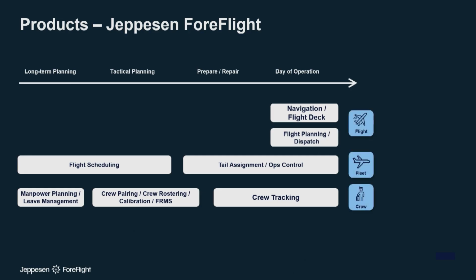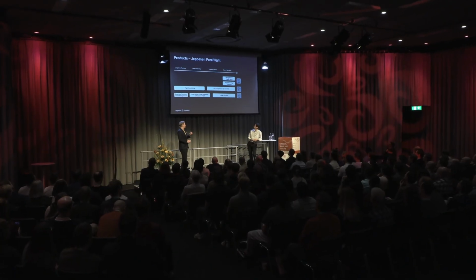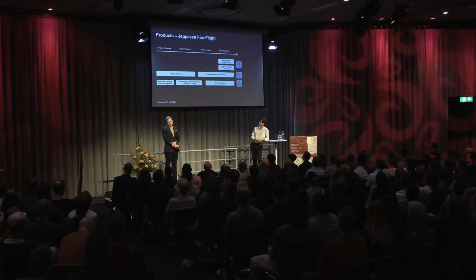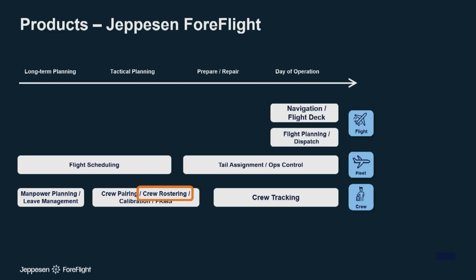And I work in, first off, combined or divided into three different categories. So we have flights, fleet, and crew, all being optimized in a different way. Now, I work in crew rostering. This is where we build the optimization software that helps airlines to produce these rosters every month.